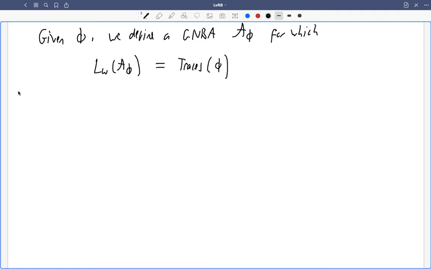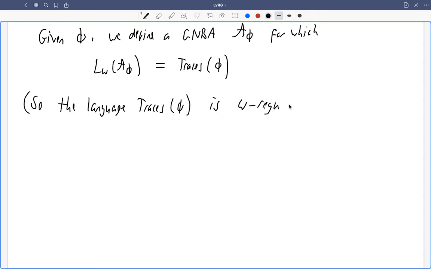So in particular, we have that the language traces of phi is omega regular, because it is a language recognized by a non-deterministic Buchi automaton.